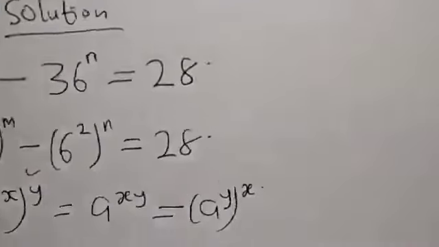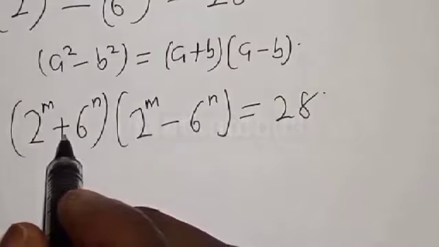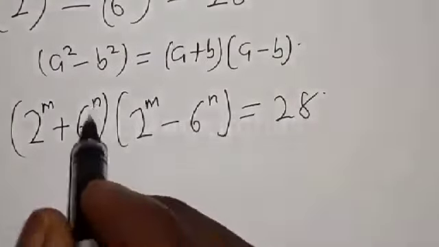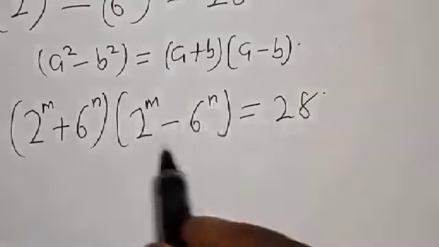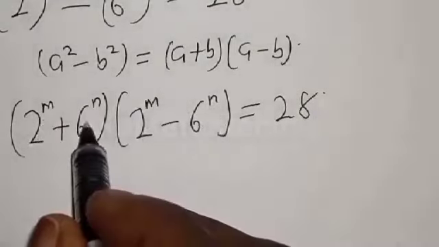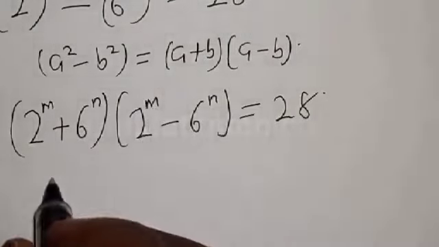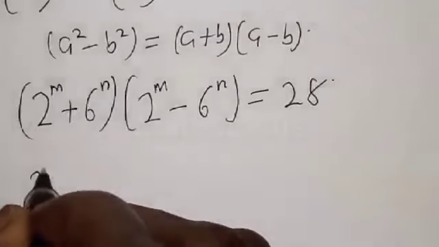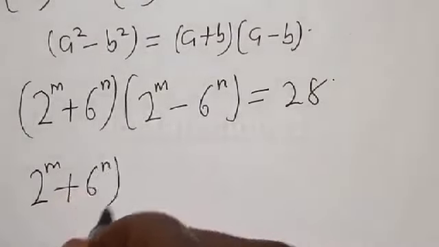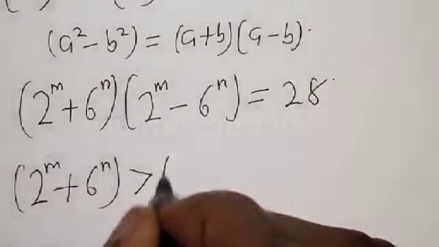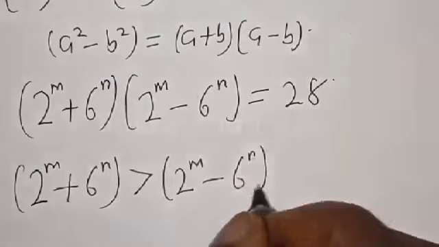If you look at this, we have 2 raised to power m plus 6 raised to power n, multiplied by 2 raised to power m minus 6 raised to power n. It means that 2 raised to power m plus 6 raised to power n is greater than 2 raised to power m minus 6 raised to power n.